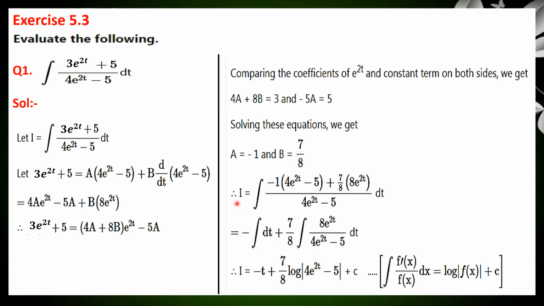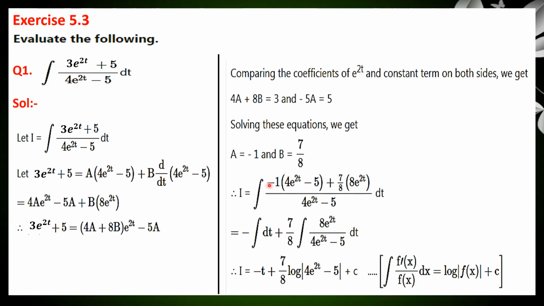So the integral I will become the integral of the new numerator, that is A into denominator plus B into derivative of denominator. Now capital A is -1 into the denominator, plus B is 7 upon 8 into the derivative of the denominator, upon the given denominator. Now we will separate the denominator for both the terms.